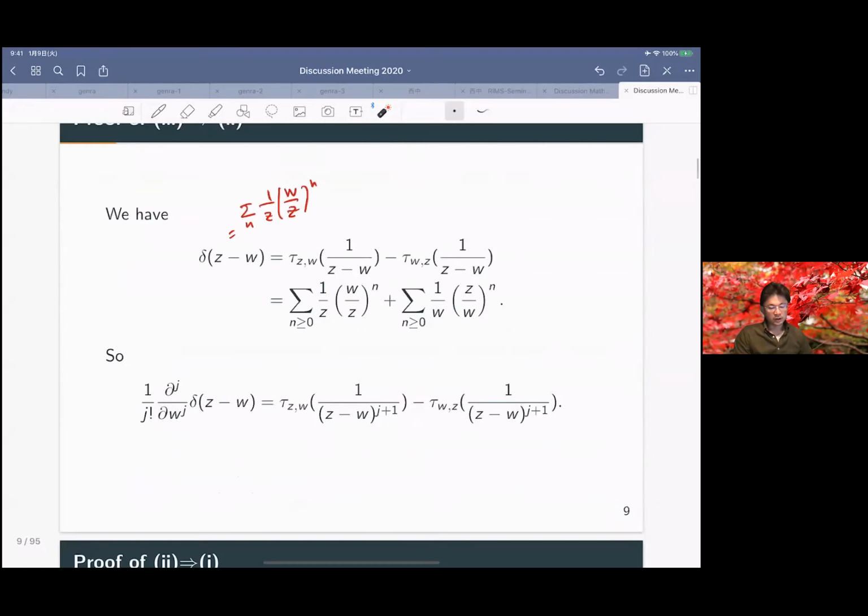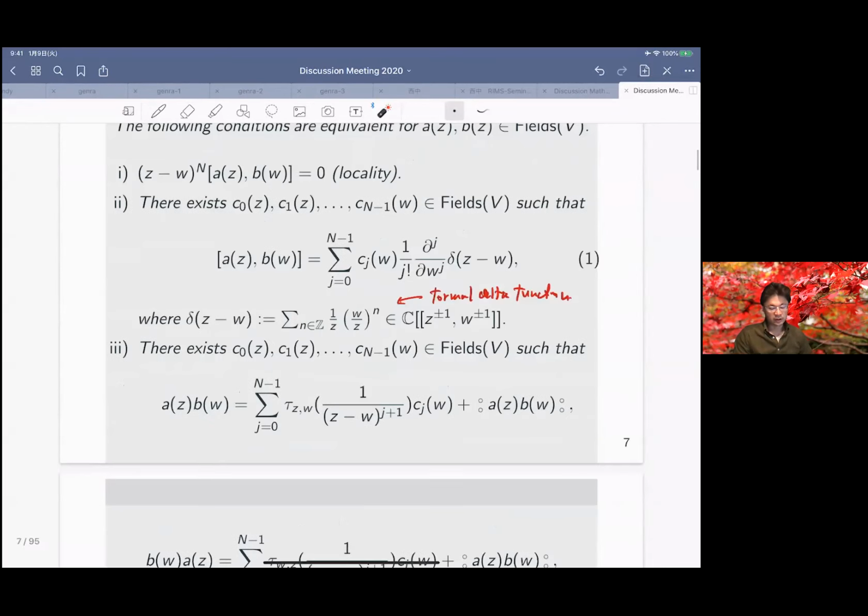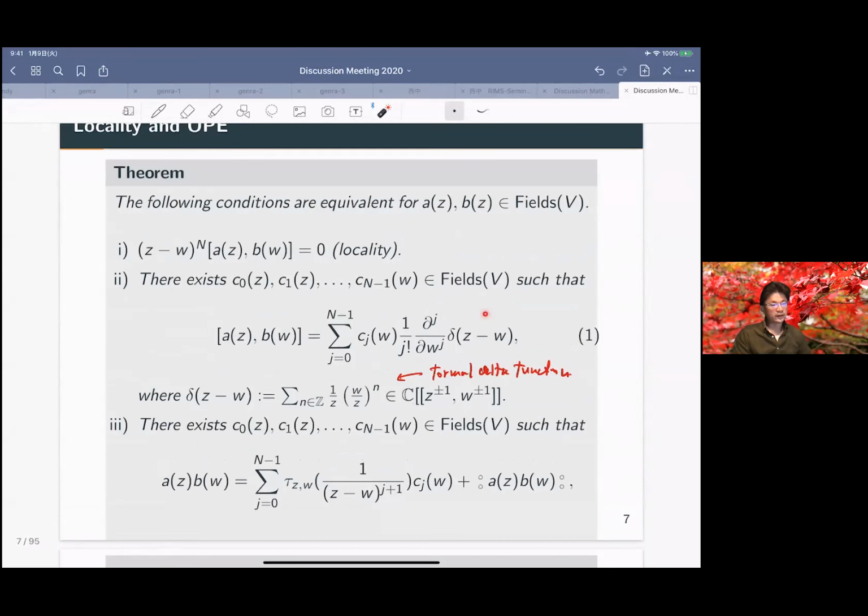So if the bracket is expanded in terms of these derivatives of the delta function, if you apply enough power of z minus w, you get 0.